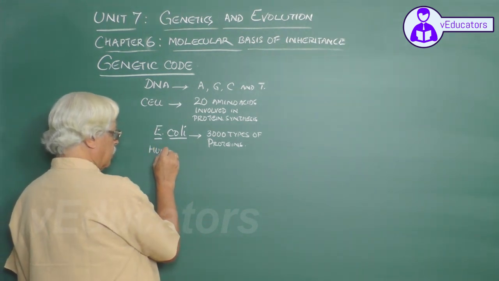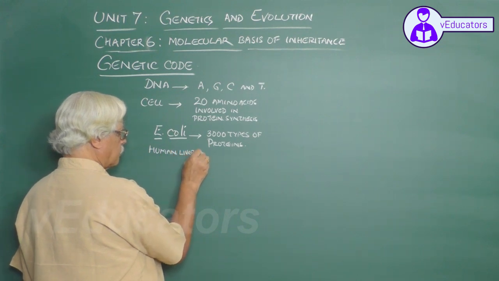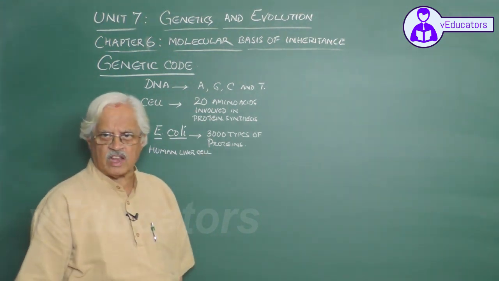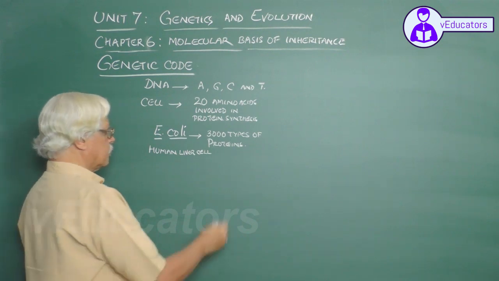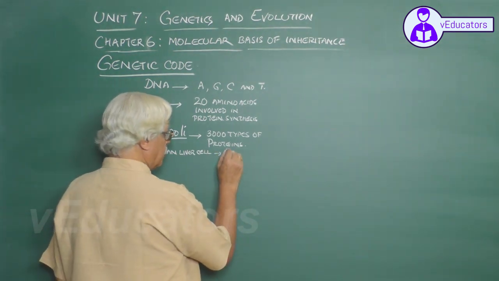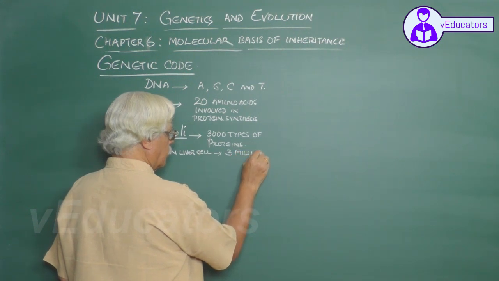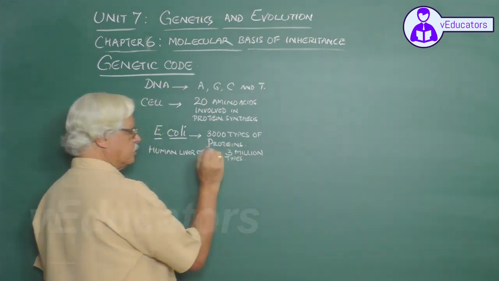Suppose you take the example of one of the most active liver cell in the human body, liver cell. According to an estimate, it requires about 3 million types of proteins.